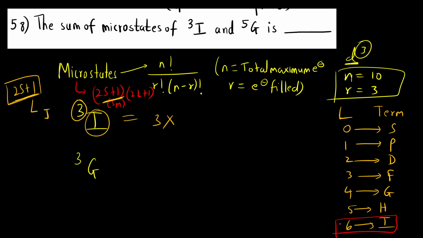For I, L is 6. So 2 into 6 plus 1, 2 sixes are 12 plus 1 is 13, 3 thirteens are 39. Similarly, for G, 2s plus 1 is 3.